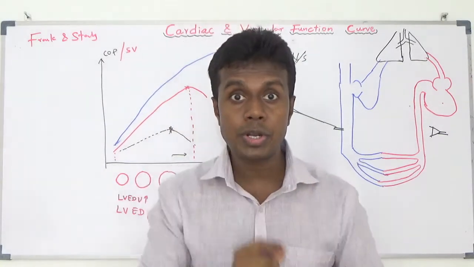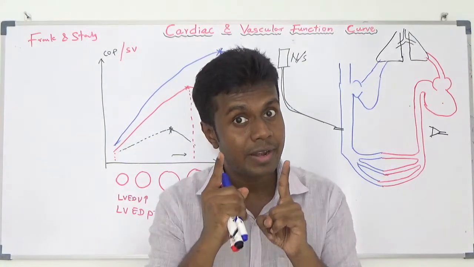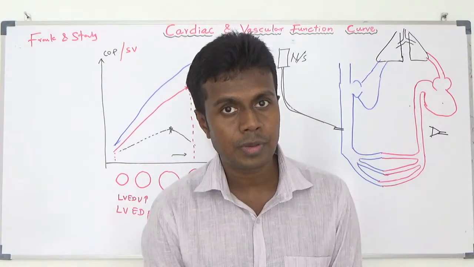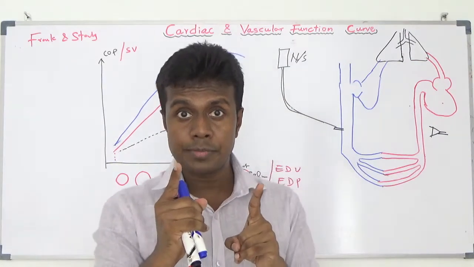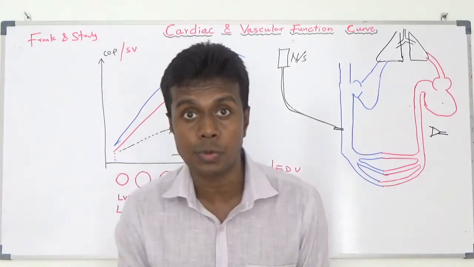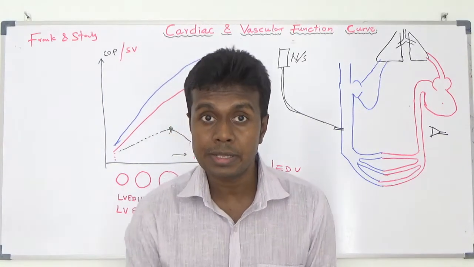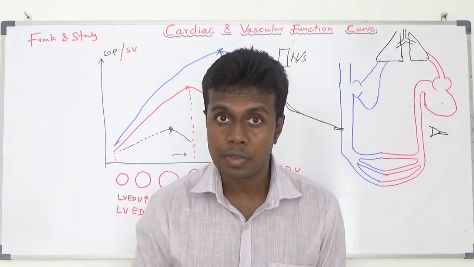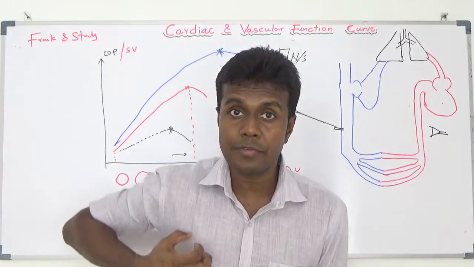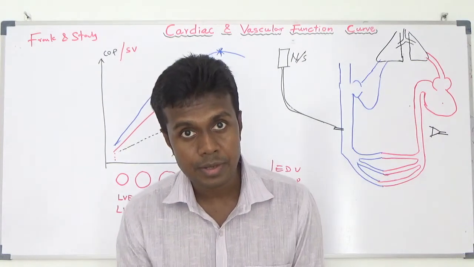Now I am going to do another experiment for you. I should have the same amount of cardiac output as the venous return. The blood which comes into the left ventricle or right ventricle is called venous return.